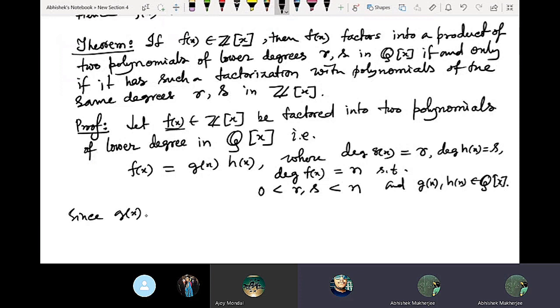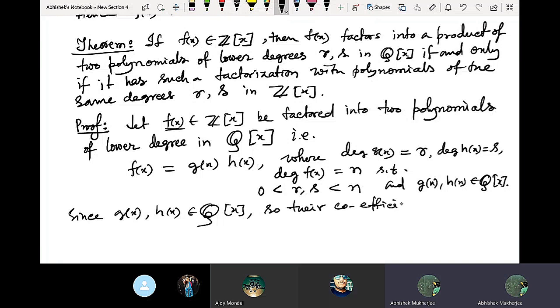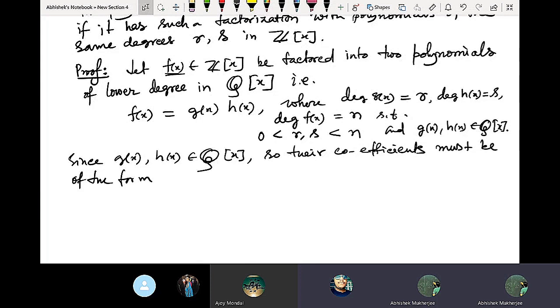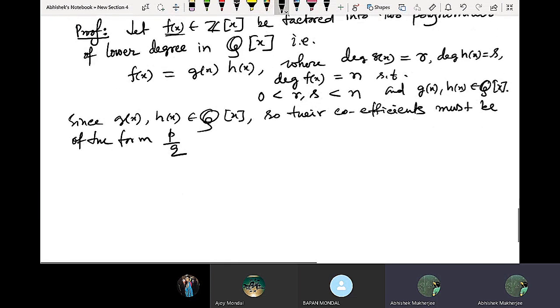So since gx, hx belong to Qx, their coefficients must be of the form p by q. Now what we shall do?